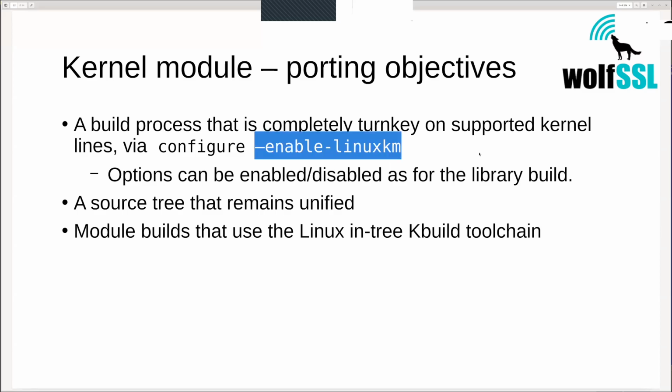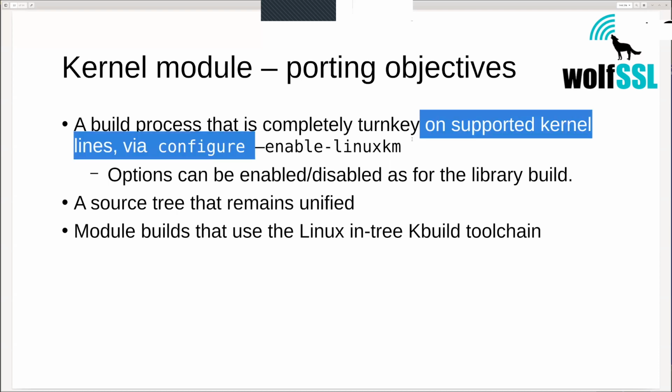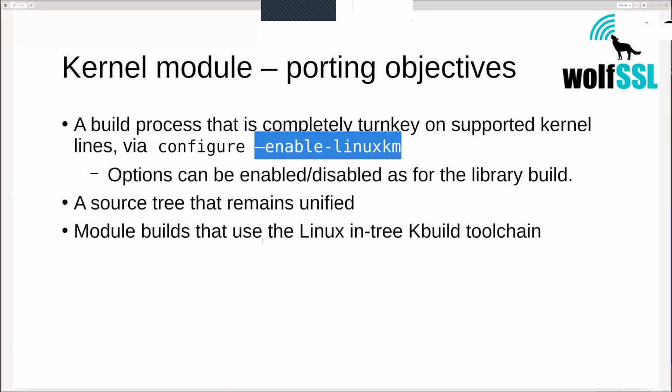Usually that won't be enough because you need to tell it where your kernel tree is that you want to target. You say that with --with-linux-source= and then you just give the path. But in the simplest case, you literally can just say that, and you will get a kernel module built.